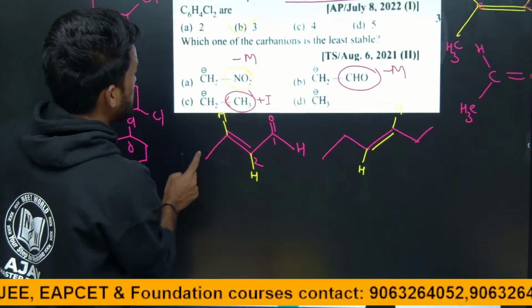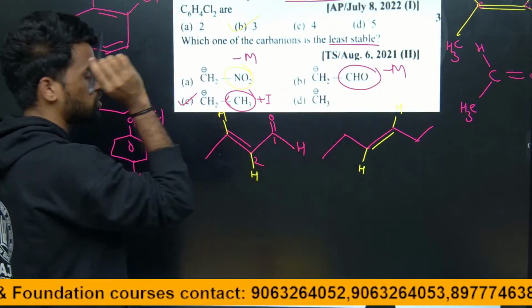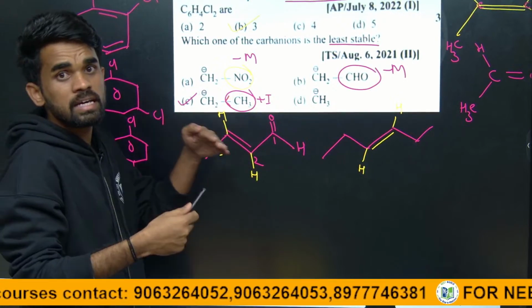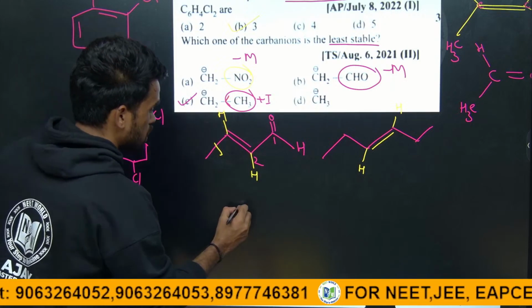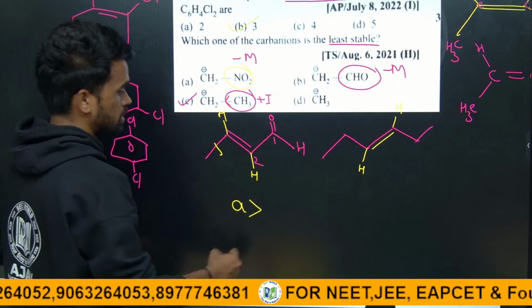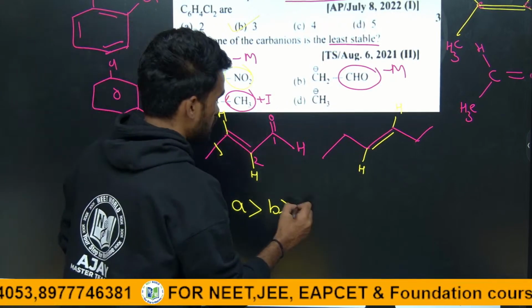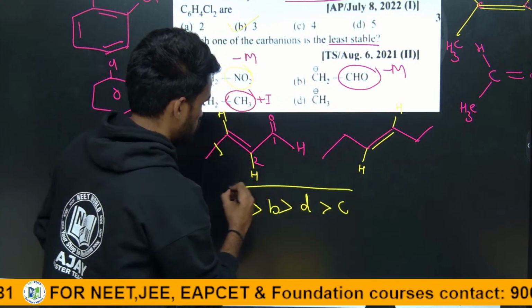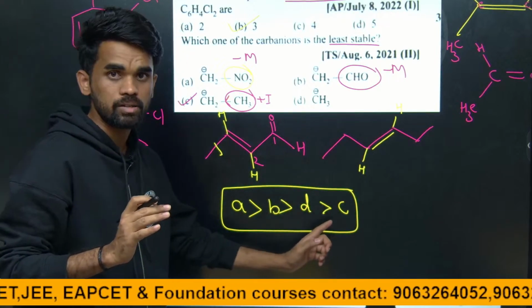For this particular question, if they ask for the least stable, you can directly choose the answer. But my question is, arrange them in increasing or decreasing order of their stability. So which is more stable I am writing first. A will be more stable, then B, then after this C, and D will be the least stable. I hope this is very clear, how we are writing the stability order.